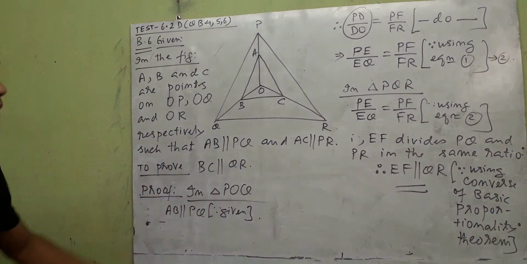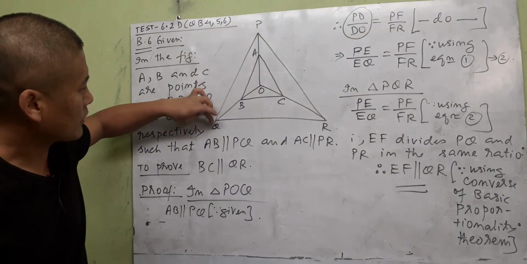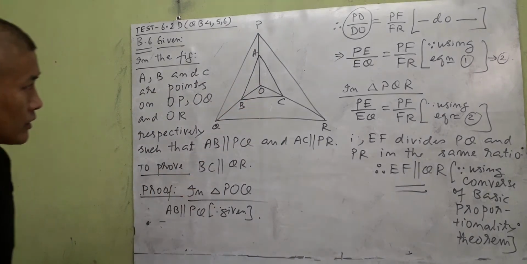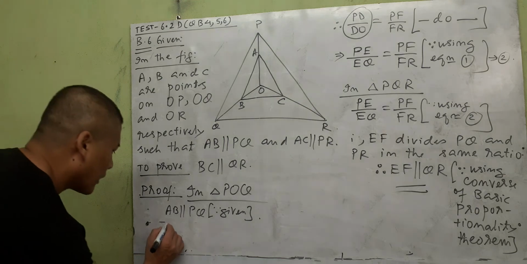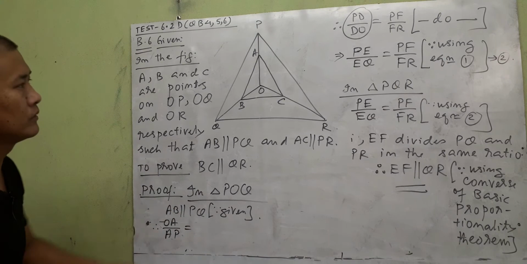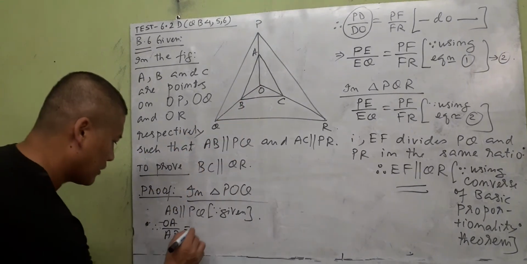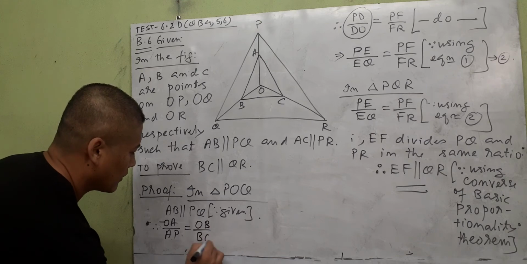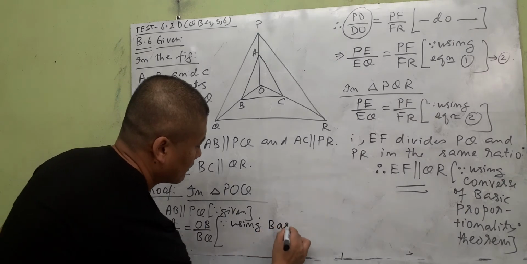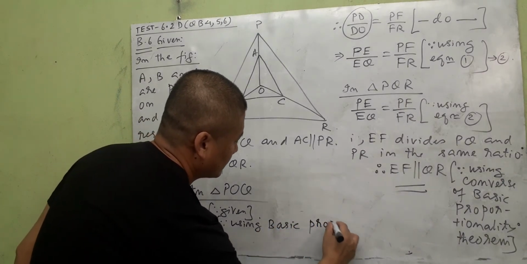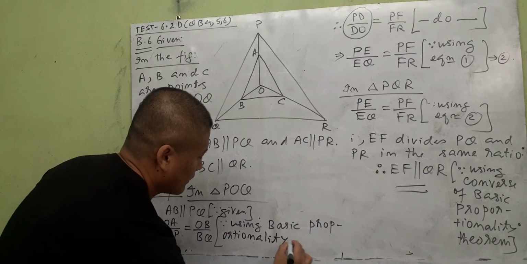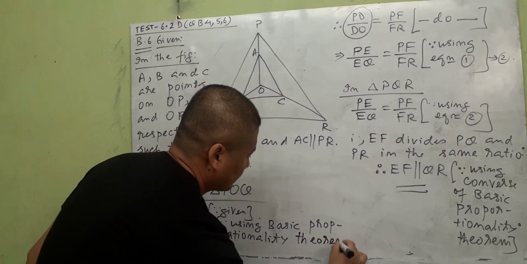So if a line is parallel to one side of the triangle POQ, it will divide the other two sides in equal ratio, means OA by AP will be equal to OB by BQ, and the reason is since, using basic proportionality theorem.